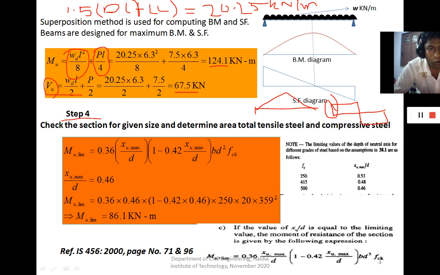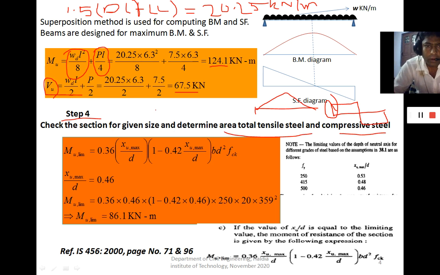In step 4, we check the section for the given size and determine the area of total tensile steel and compression steel. What type of section comes under load?